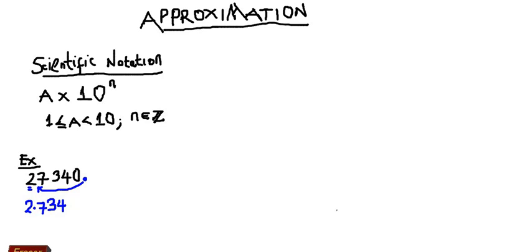2.734, it means we have written it as a number which is less than 10, because 2.7 is a number which is more than 2 but less than 3. So we have written it as a number between 1 and 10, as our notation indicates.